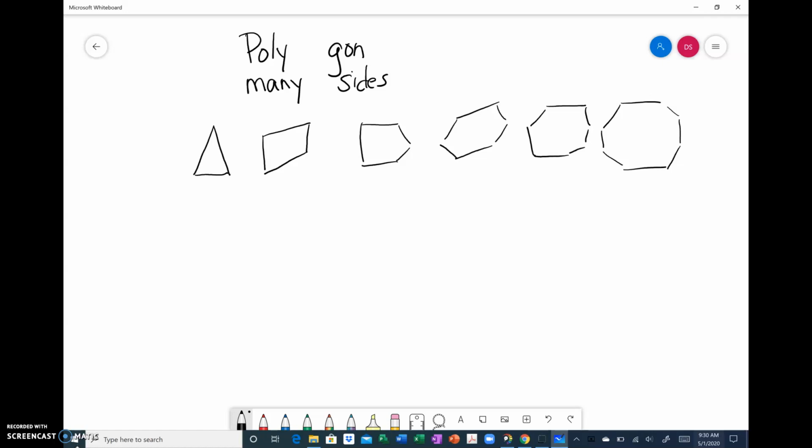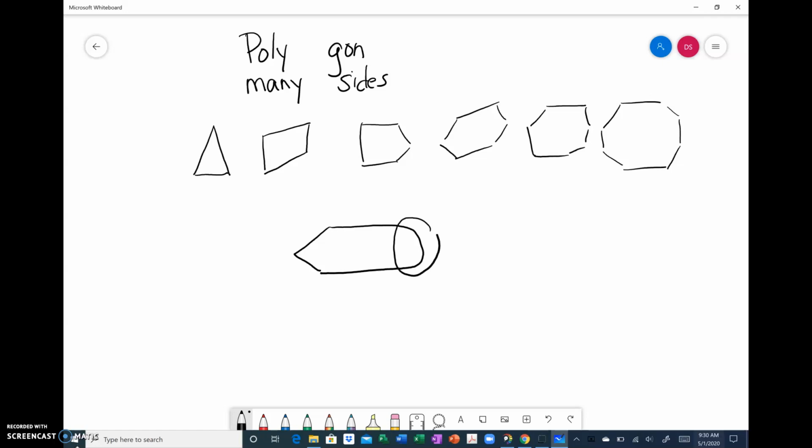Now, one other thing I need to explain to you, actually 2 more things about polygons. Look at example 2. It tells us that letter A, this kind of drawing, is not a polygon because it is not made up entirely of line segments. If you look up at the definition above key concept, it says a polygon is a geometric figure that's made up of 3 or more line segments.